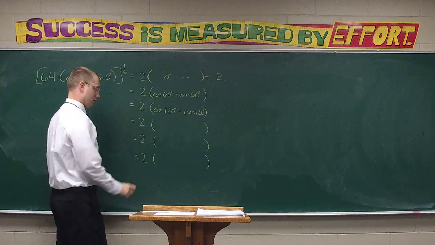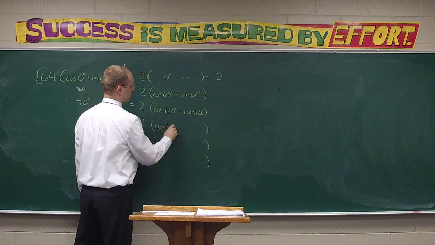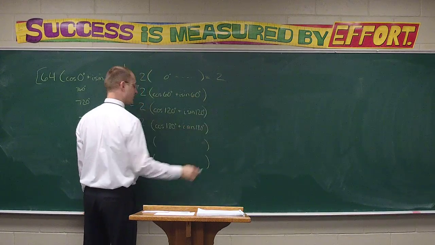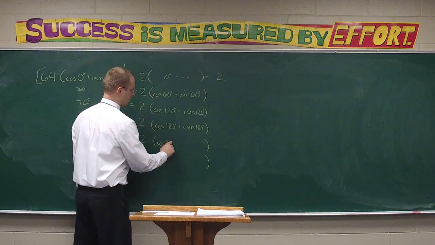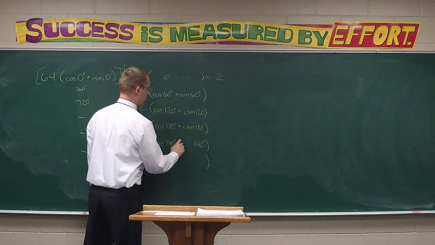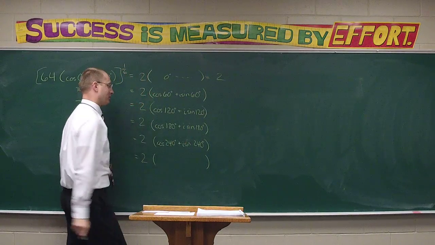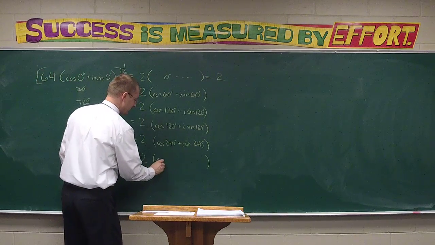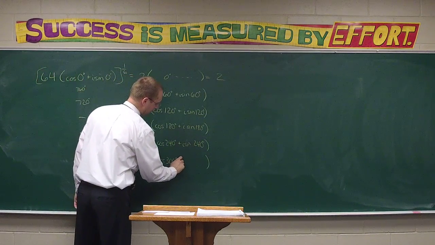Next one is cosine of 180 plus i sine 180. We can clearly see the 60-degree pattern at this point. Cosine of 240 plus i sine 240. I'll write it so I don't mess something up. And the lazy side of me is like, I just want to write 240 and move on, but you know. Cosine of 300 plus i sine 300.